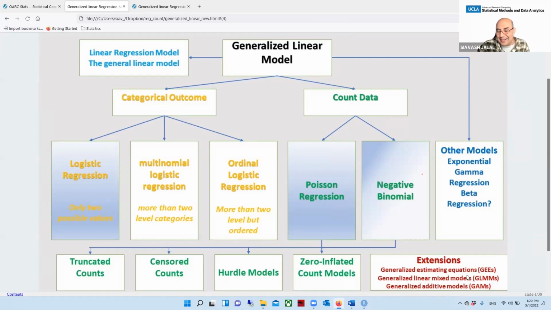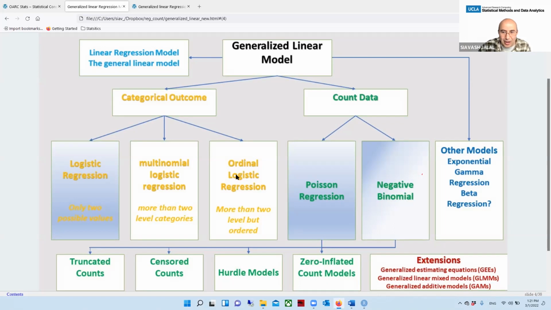General estimating equation, you don't care about the within-cluster variation, but there is a structure of covariances and dependency in the data. And generalized additive model is kind of a smoothing function, and those have a different story.